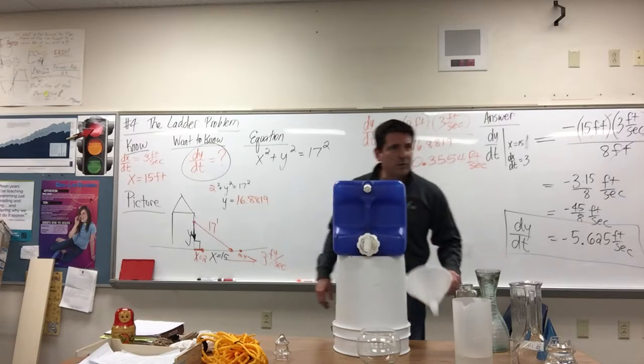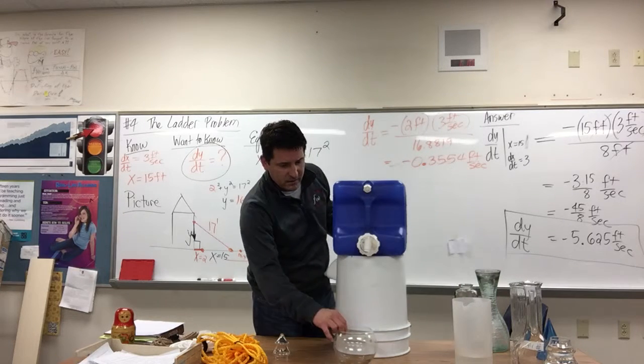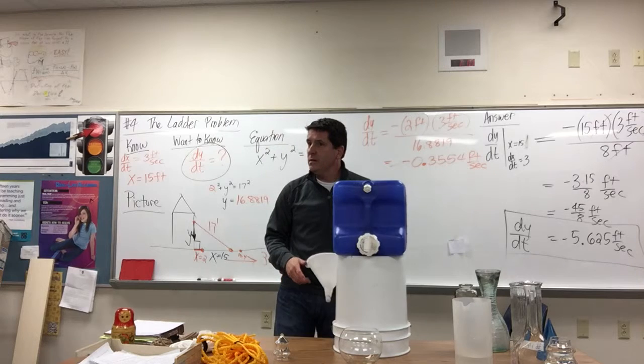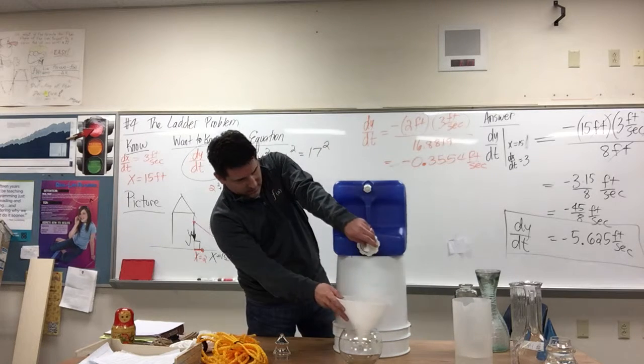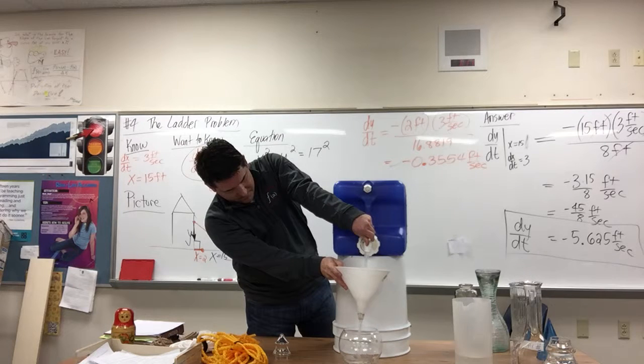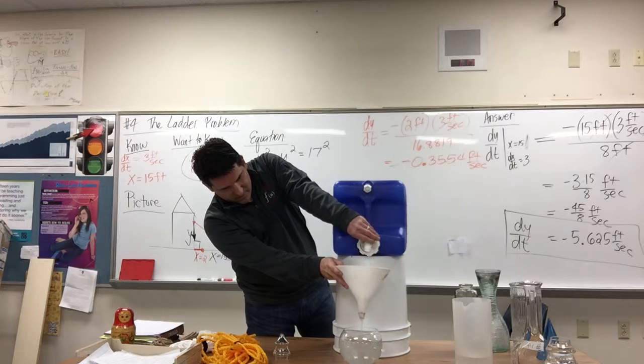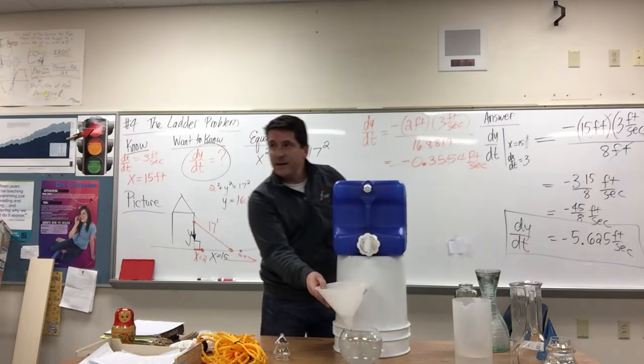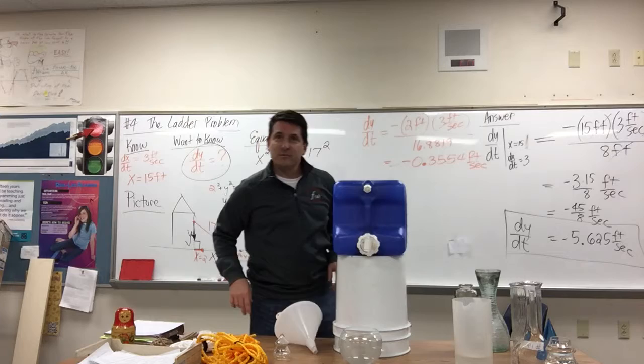In fact, the slowest rate should be smack dab in the middle, where it's at its widest. This is where it takes forever, and then it starts to speed up again. Then it has that sound that you can tell when it's getting up to the top.